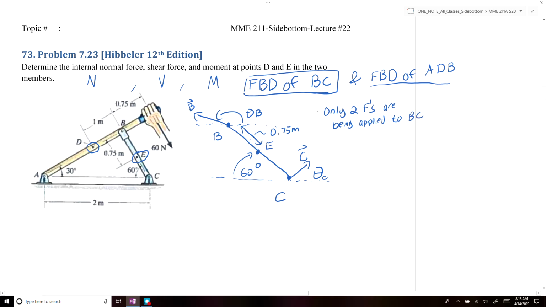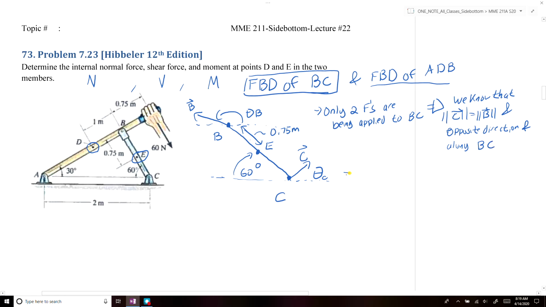Since this is true, we know that the magnitude of force C is equal to the magnitude of force B, and we know that they are going in opposite directions, and they are going along the member length, so they're going along the direction of BC.